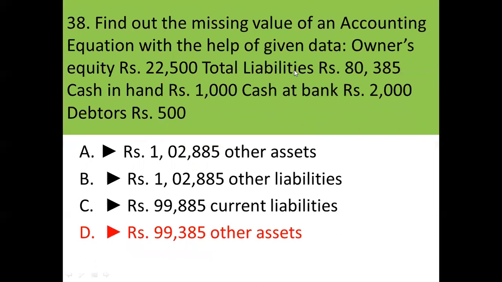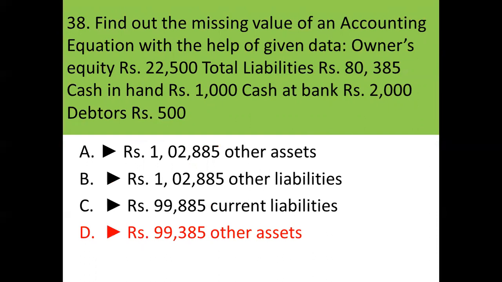Find out the missing value of an accounting equation with the help of the given data. Owner's equity is 22,500. Total liability is 80,385. Cash in hand is 1,000, and cash at bank is 2,000.